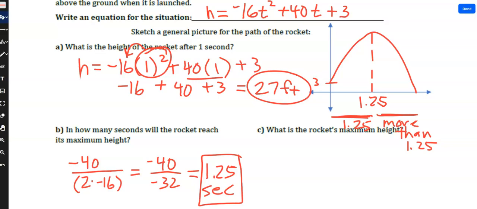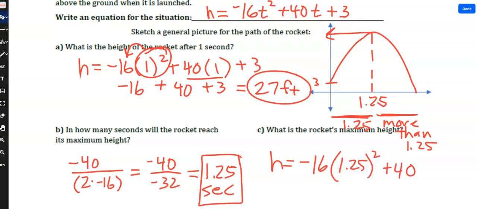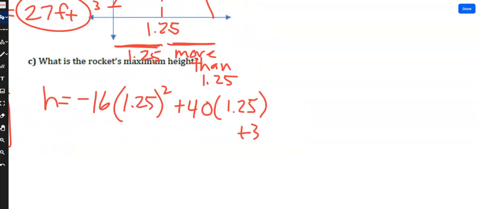So this is asking for the maximum height of the rocket, which is the y value here. And so let's use our equation. H equals negative 16 times 1.25 squared plus 40 times 1.25 plus 3. Okay? So, using my handy dandy calculator, see if I can split my screen.